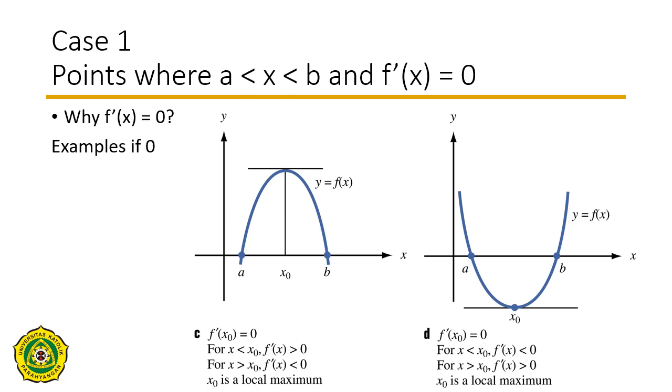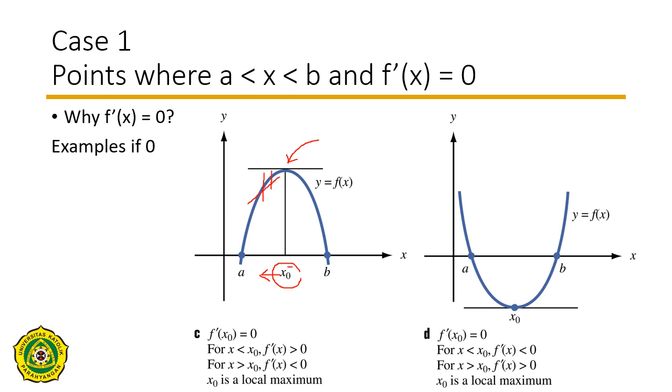Now let's see the point where the first derivative of the function equals 0. So here we have this point x0, and the first derivative at this point is 0, which means that it is not increasing, it is not decreasing either. So it's flat. Before x0, for x smaller than x0, the slope is increasing.